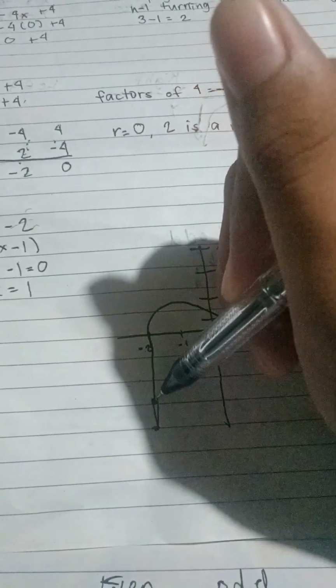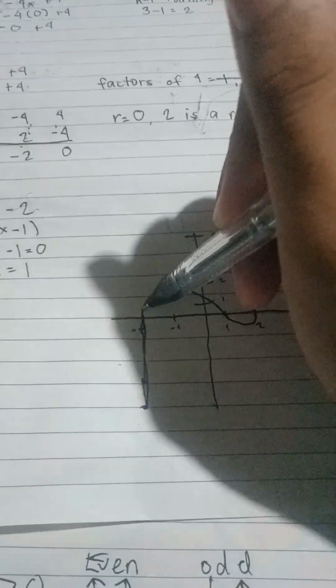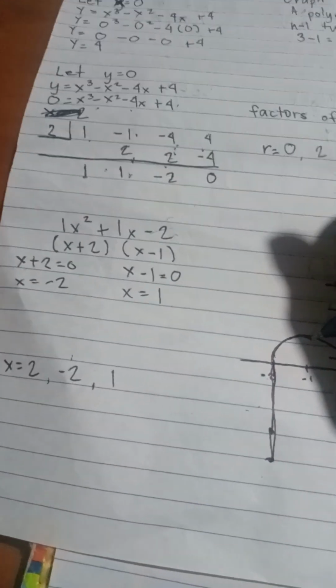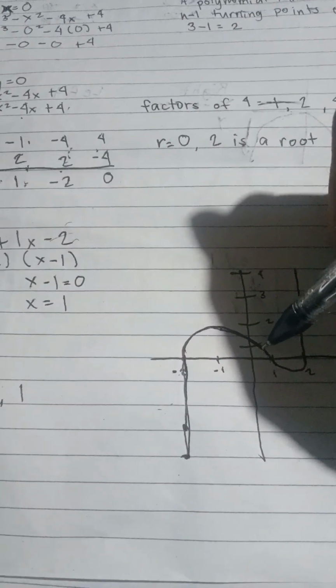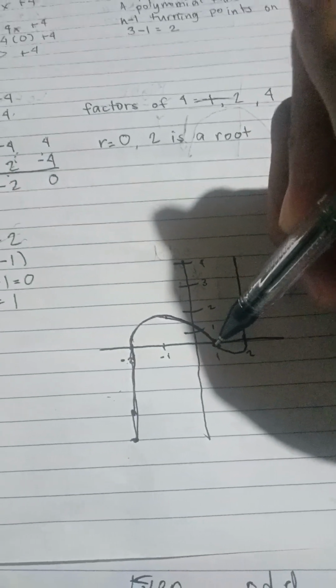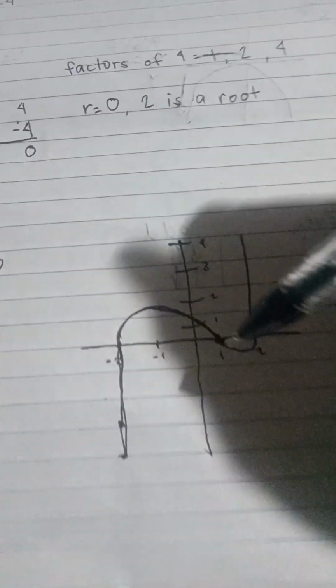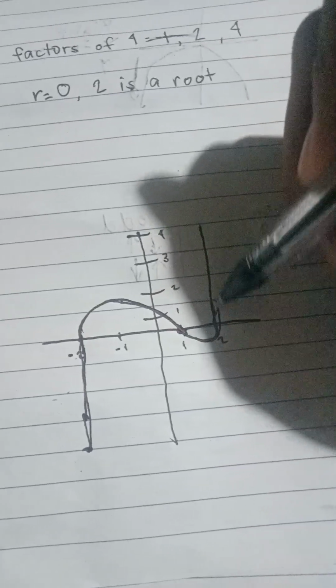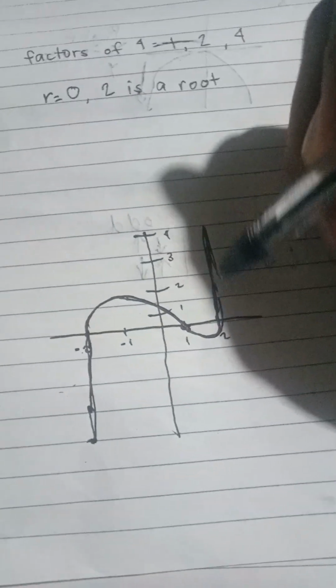Let's go up, and then we go to the other coordinate, which is 1. And we go like here, and go to our last coordinate, which is 2.